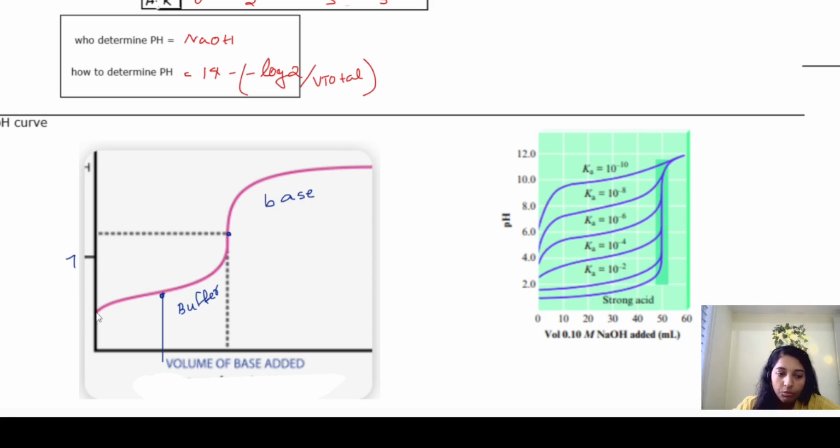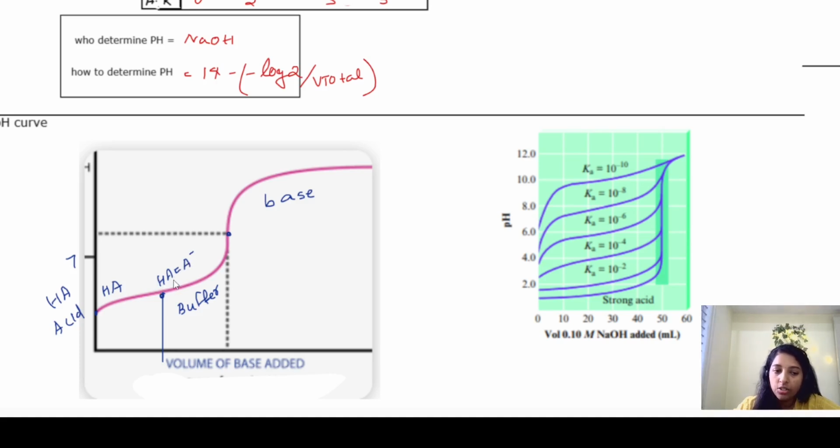Before the titration, initially there is acid, correct? So the acid is our HA. After the titration starts, what happened? There is a mixture of HA and A minus, correct? At this point, HA is equal to A minus. Do you remember?